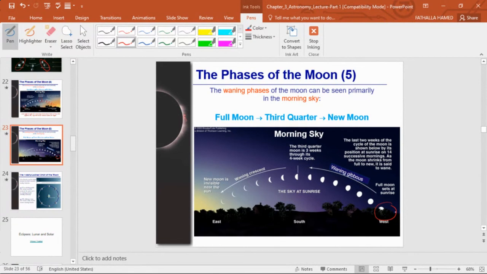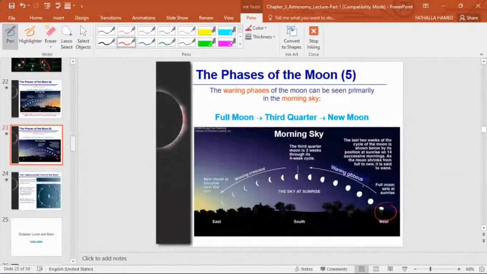So around sunrise, it will be in the west, and you have a full moon. During the night, it starts from the east, and then during sunrise, it comes into the west.